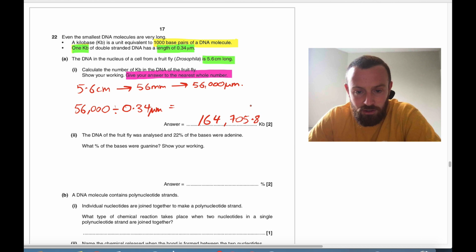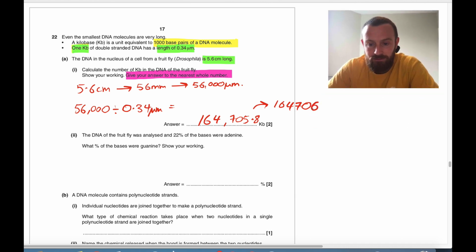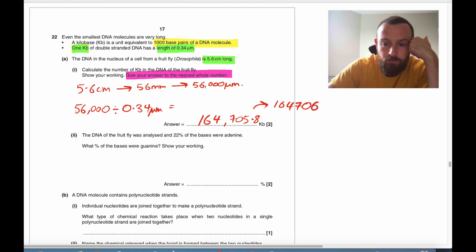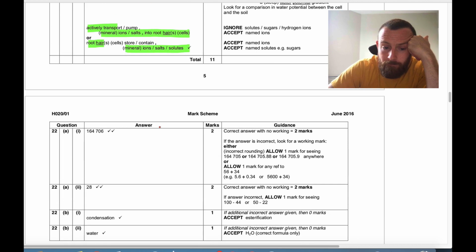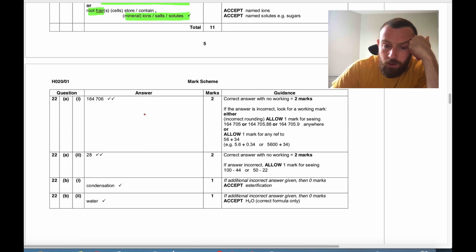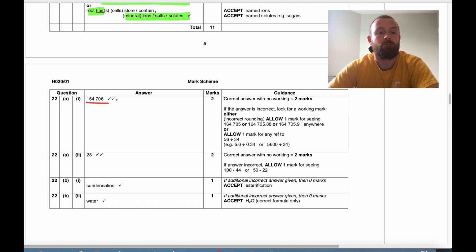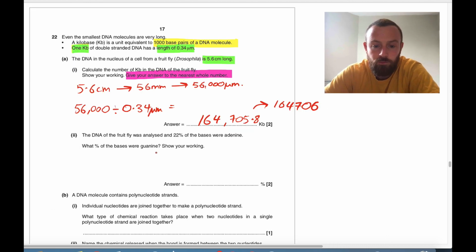So what do I round it to? Nearest whole number, basic maths: 164,706. Am I right? Let's check the mark scheme. Yes I am. We've got 2 marks there for rounding it correctly, so don't forget to round correctly.